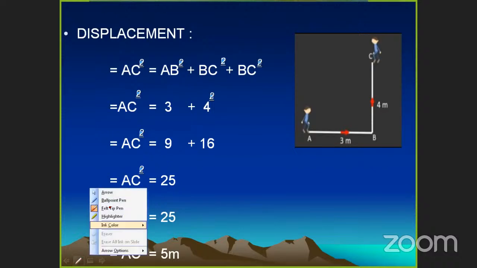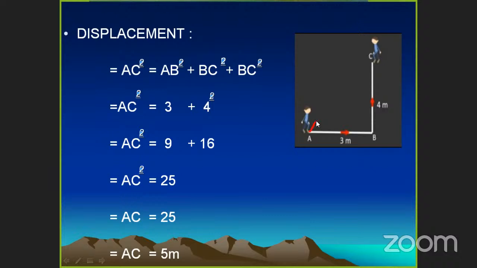This length between the initial and final point gives us the displacement. See here, this is a right angle triangle. The hypotenuse square is equal to the sum of the squares of the sides.